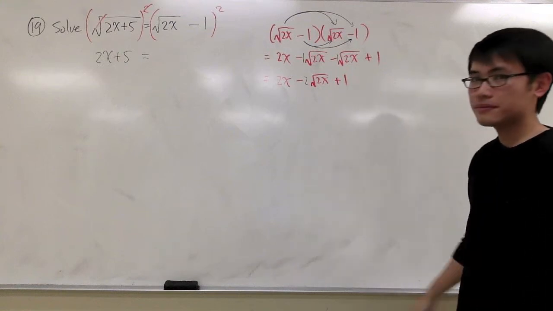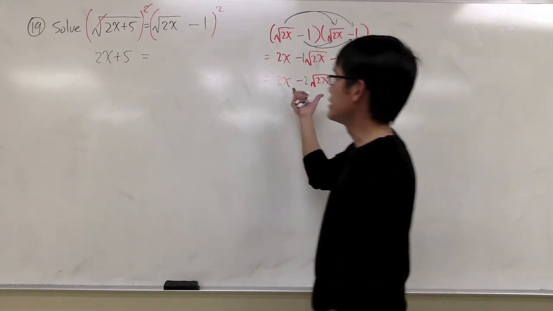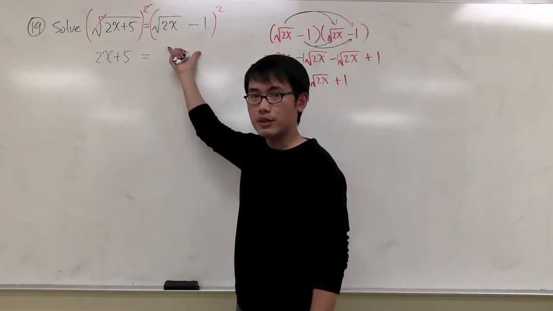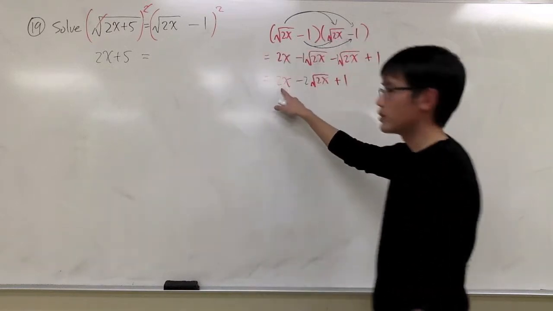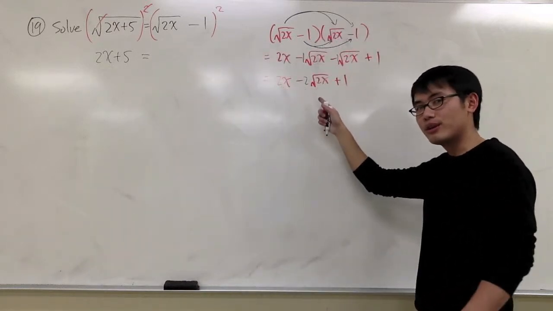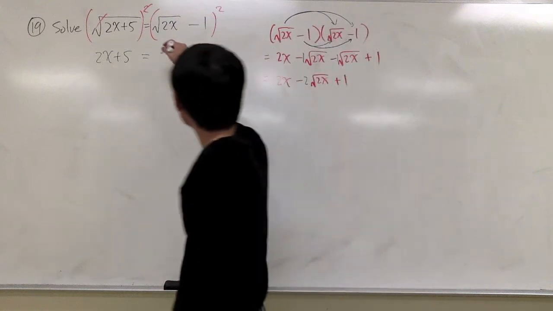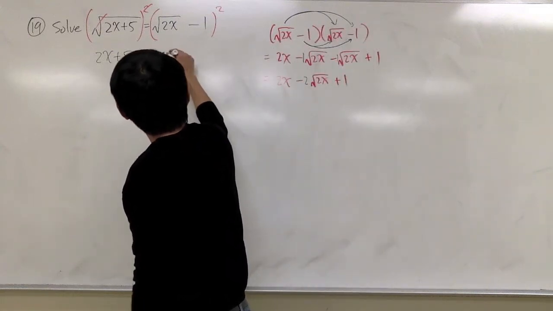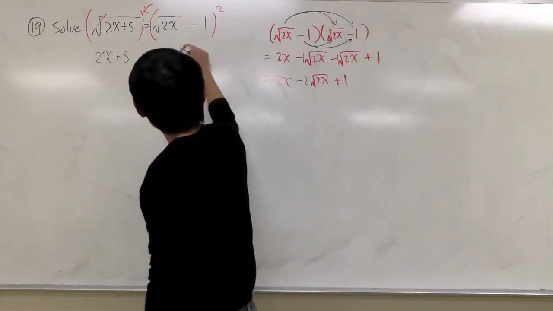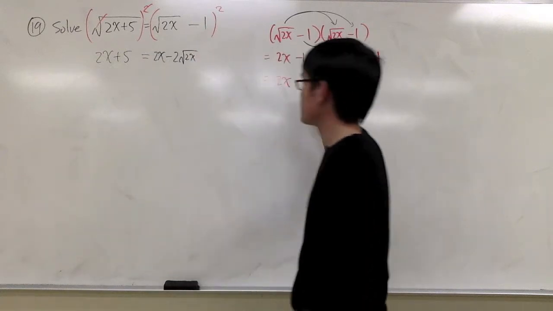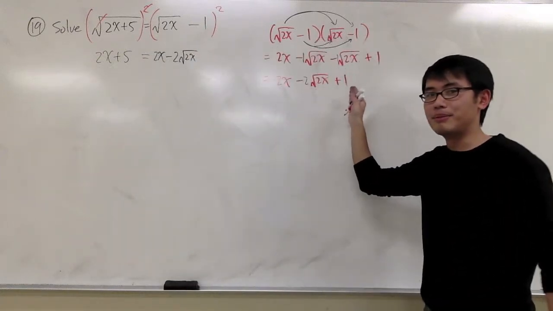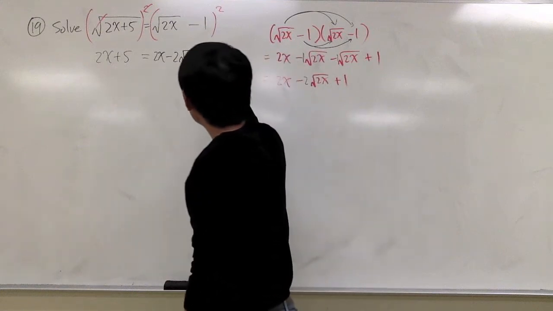Like that. So this is the result after we squared the right-hand side: 2x minus 2 square root of 2x plus 1. Let me put this down right here: 2x minus 2 square root of 2x and the plus 1 right here.